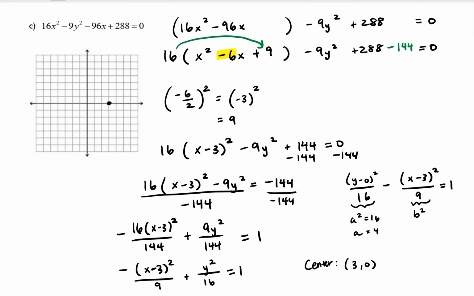And here B squared is equal to 9, which tells us that B is equal to 3. And so since our A value is 4, we're going to go up 4 from the center and down 4, and then we'll go right 3 from the center and left 3, and now we can create our box.